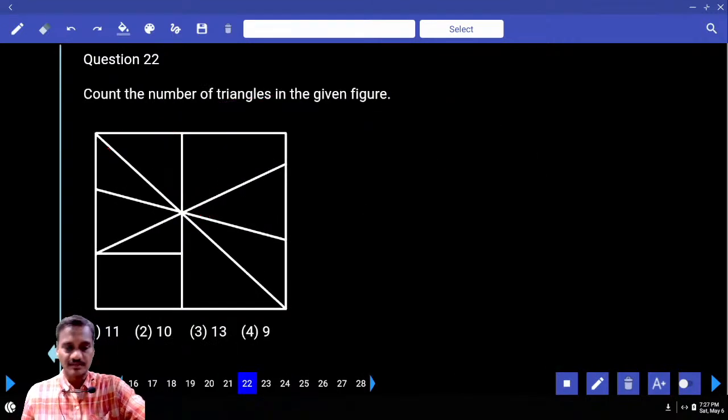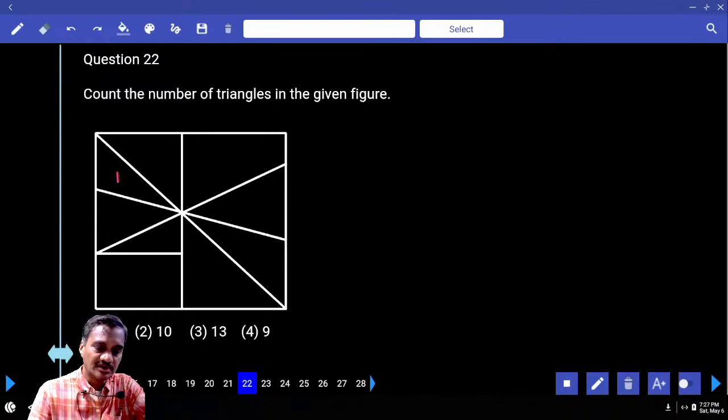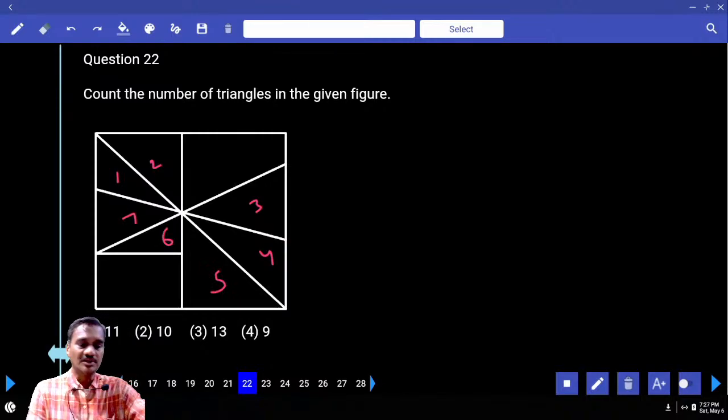Then 22nd. Now we need to find out the total number of triangles in this figure. Tell me how many are there. This is 1, this is 2, and this is 3, isn't it? And this is 4, this is 5, this is 6, this is 7. All these are individual, 7. And next one, this total is 8, a bigger one.